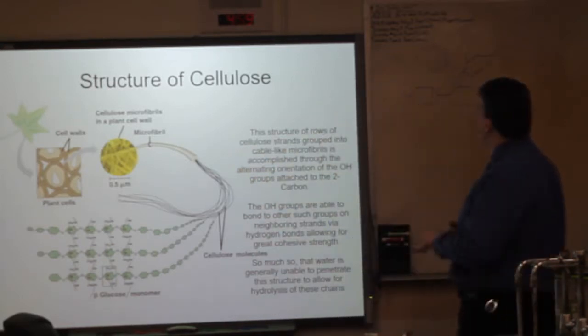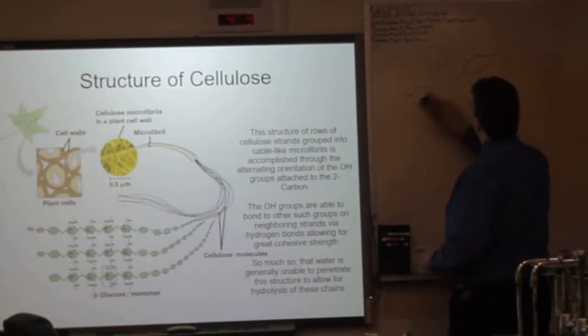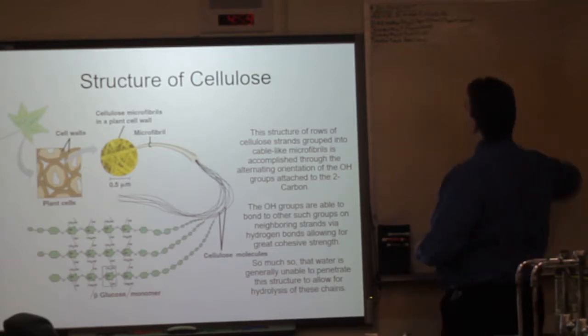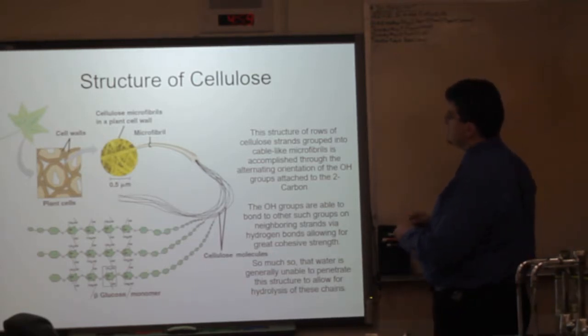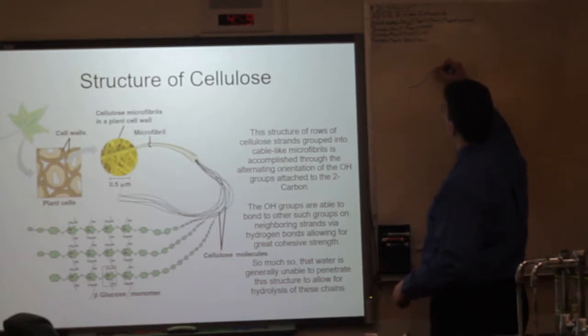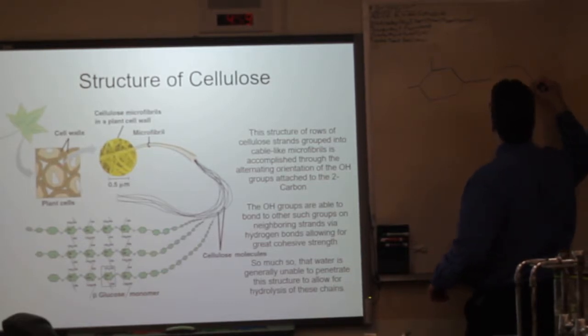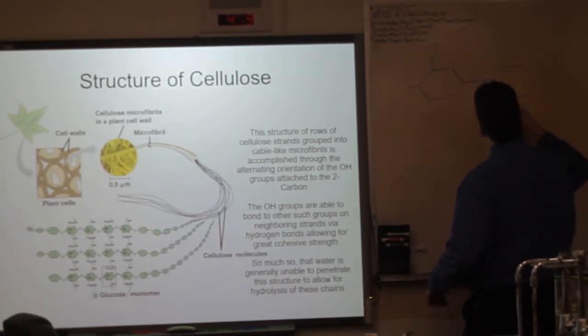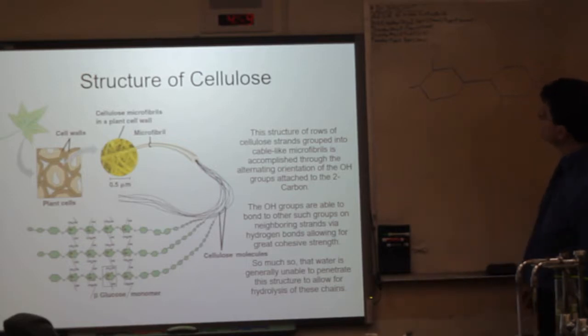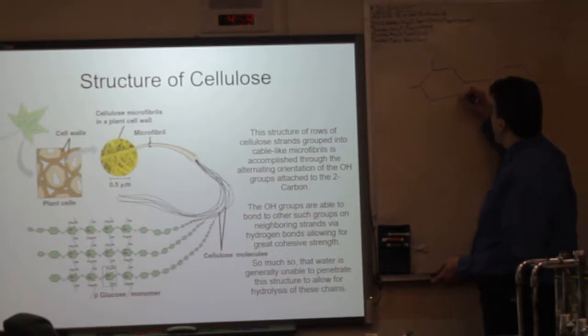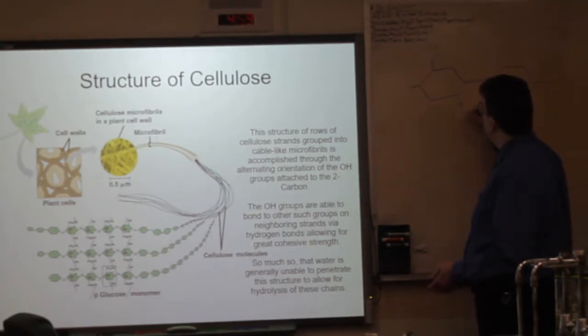So let's talk about the structure of cellulose now. We discussed earlier our beta-1,4 glycosidic bonds, where we have the up, the down, etc. Because of this, we will have a hydrogen bond here.